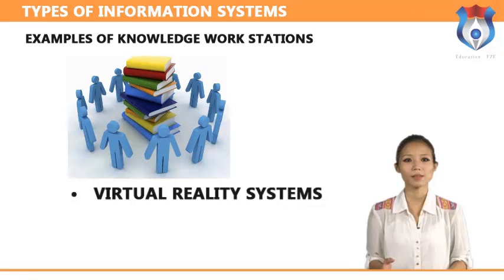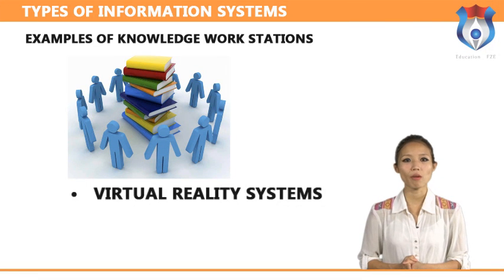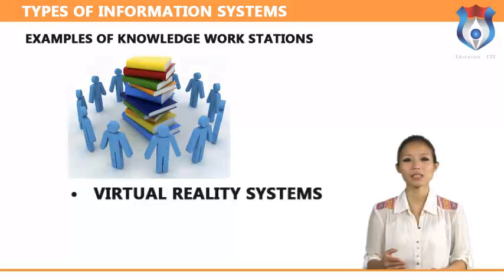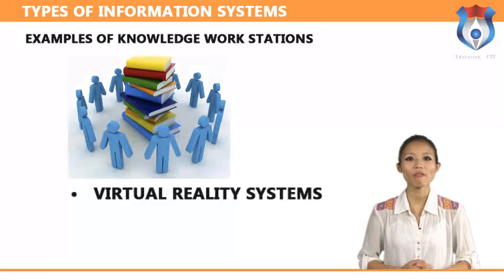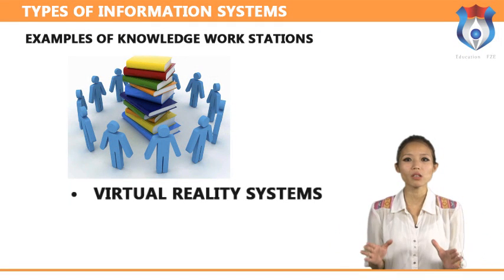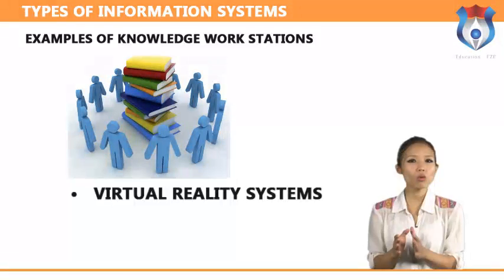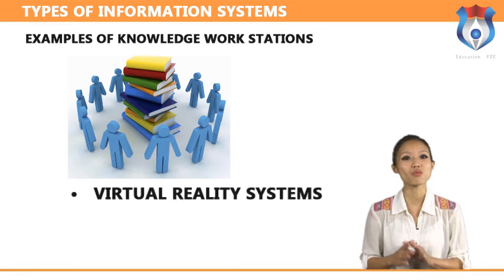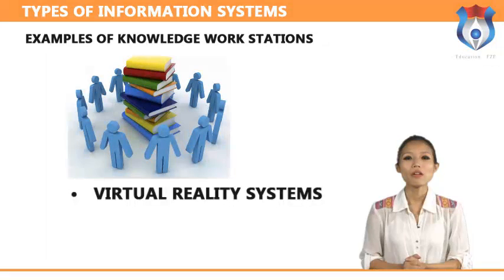Virtual reality systems have visualization, rendering and simulation capabilities better than CAD. They use interactive graphics software to create computer-generated simulations that are so close to reality that users almost believe they are participating in a real-world situation.